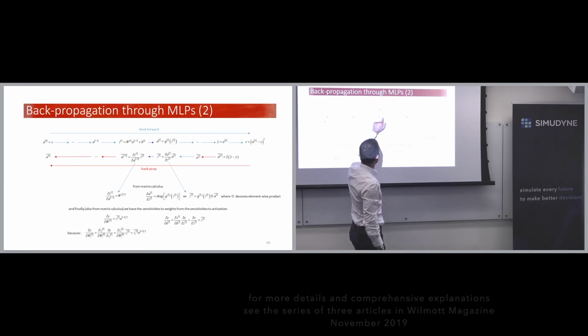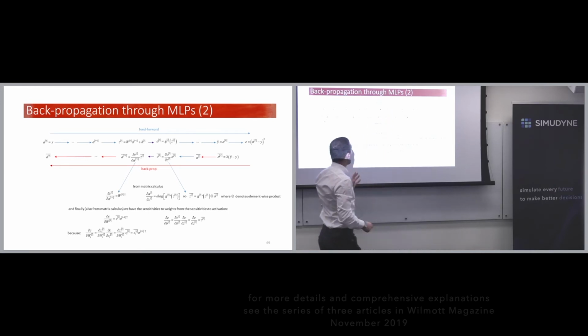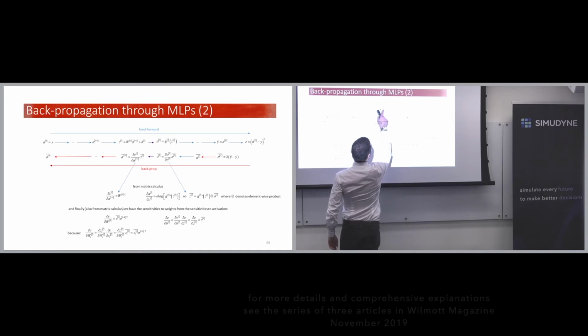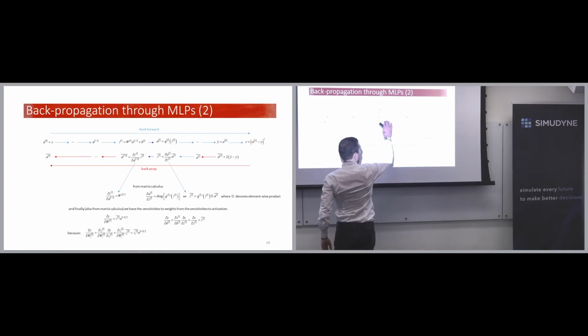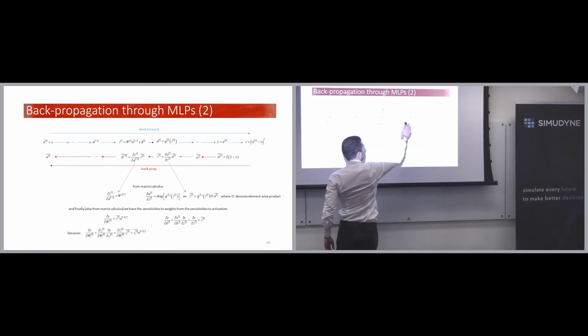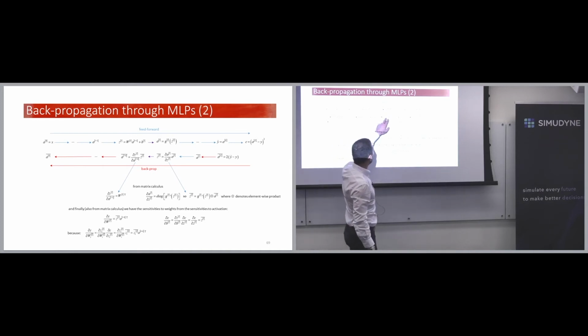So that gives me the adjoint of ZL, which I recall is dC over dZL. That will be dAL over dZL times dC over dAL, which I already know, right? Because I'm going back to front. So at this stage, I already know the adjoint of AL, and I want to compute the adjoint of ZL, and this is given by this equation. This is just a direct application of the chain rule, as usual.